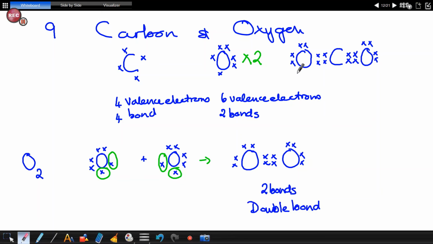This is a challenging one. But if you're confident with the first lot, you can move on to the next step now. So carbon joins to 2 oxygens. What is this compound's name?